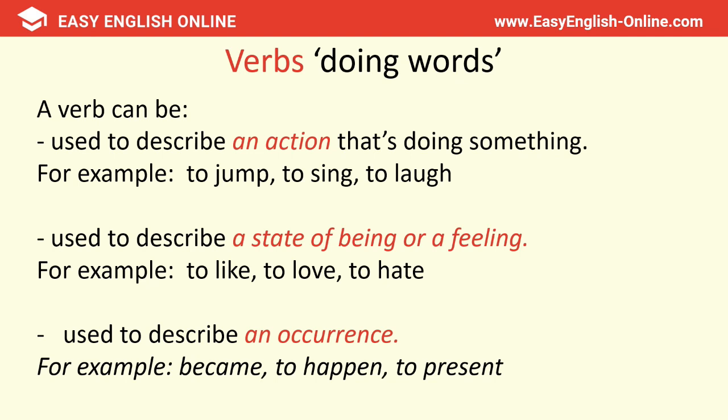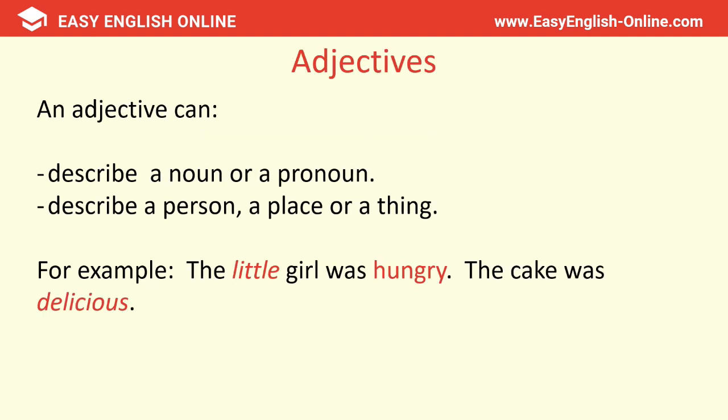Or a verb can be used to describe an occurrence. That's something that's happening. For example, the word became. The caterpillar became a butterfly. Or verbs like to happen or to present. There are many more types of verbs, such as main verbs, auxiliary verbs, modal verbs, etc. Please see my video on verbs to understand these in more detail.